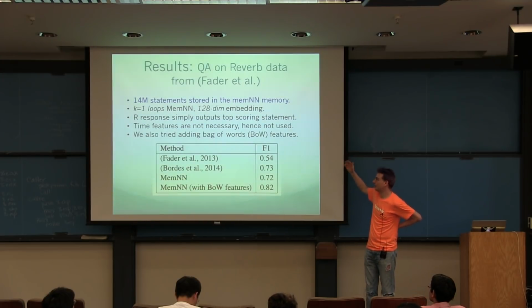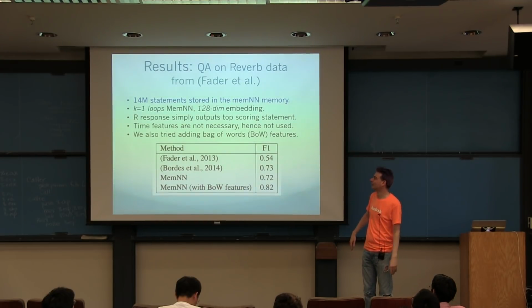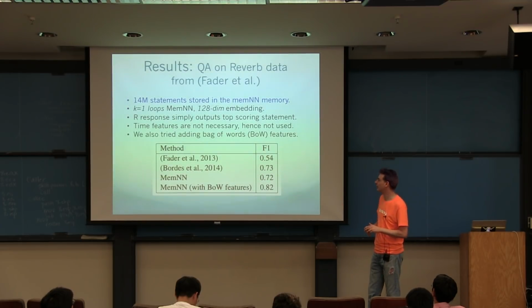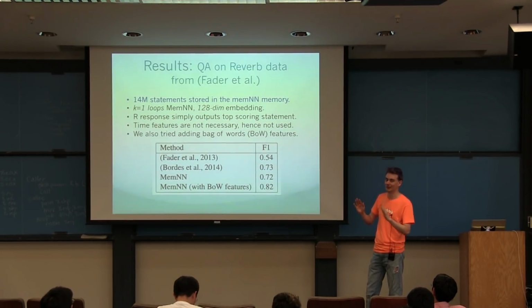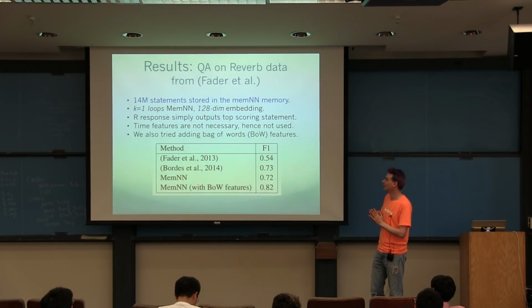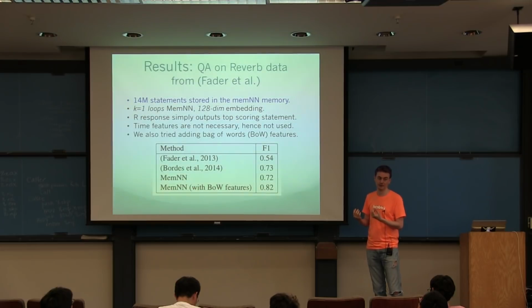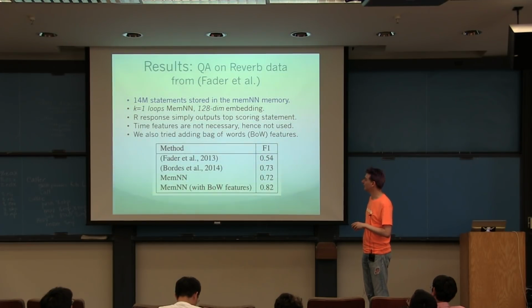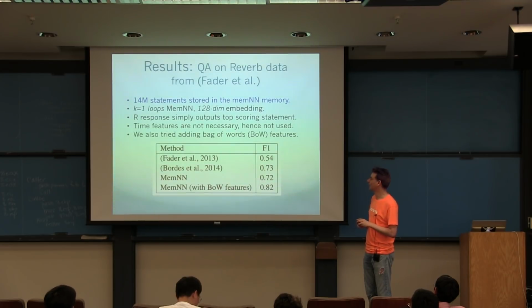In these experiments we used 128 dimensional word embeddings, but you get good results if you use 64 or 256 or whatever as well. Here the time features aren't necessary either, because it's just finding these factoid kind of answers.